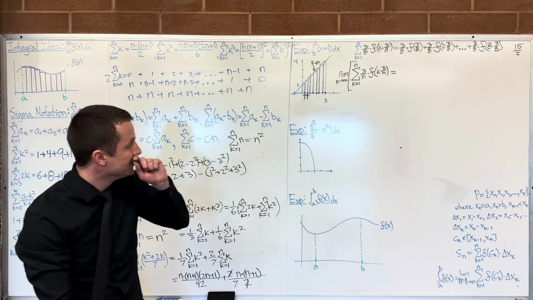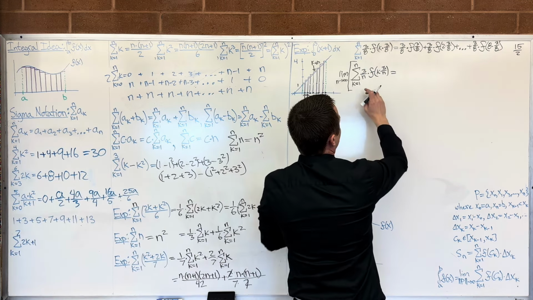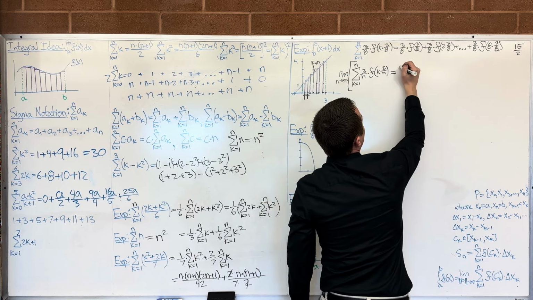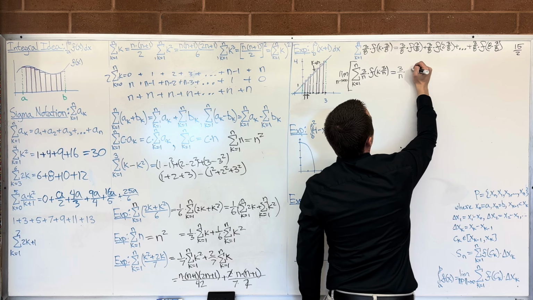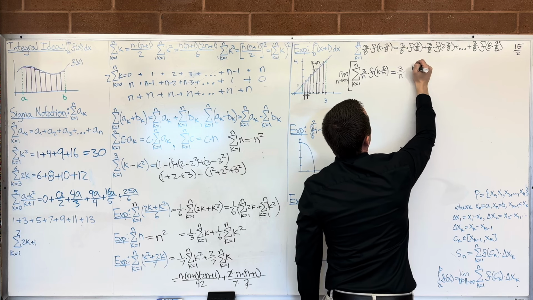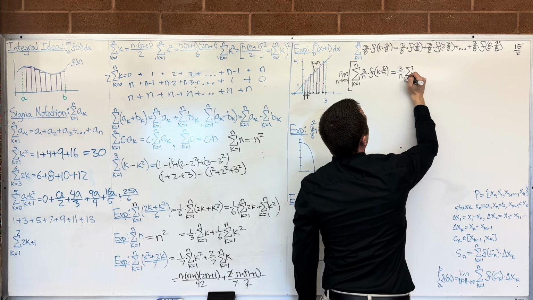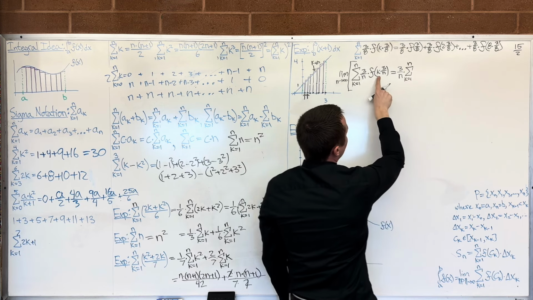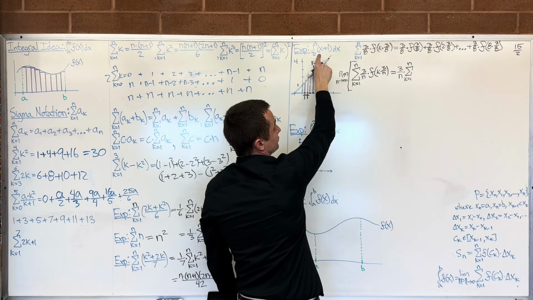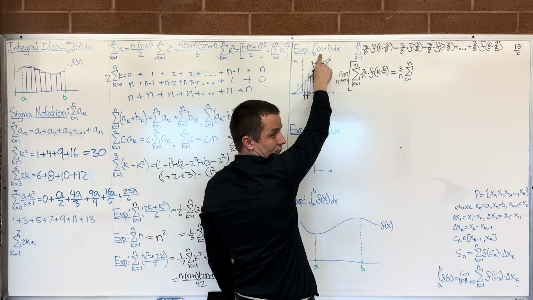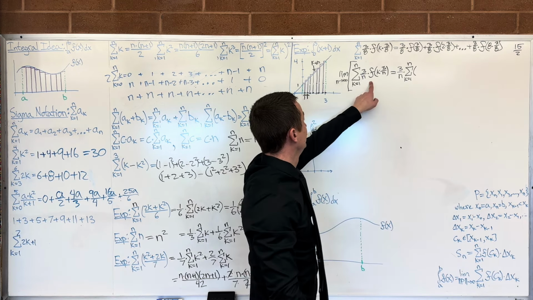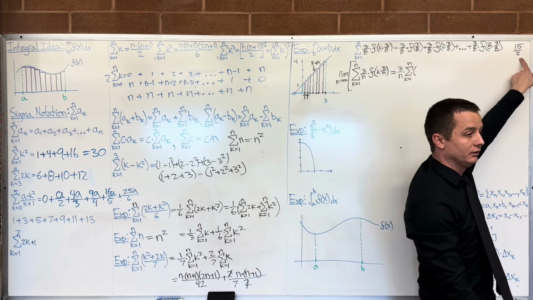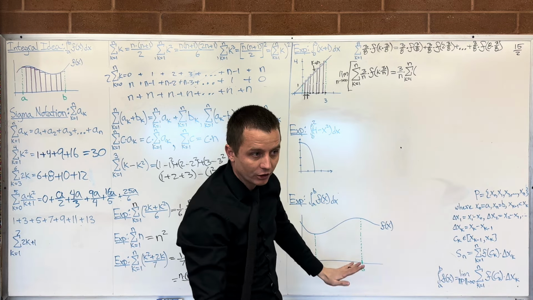You with me? So just looking at what this piece right here equals, we're going to pull the 3 over n out. And this is going to be times the sum from k equals 1 to n of, now let's plug this into our function. If we're going to get an exact area, we need an actual function that we're talking about.